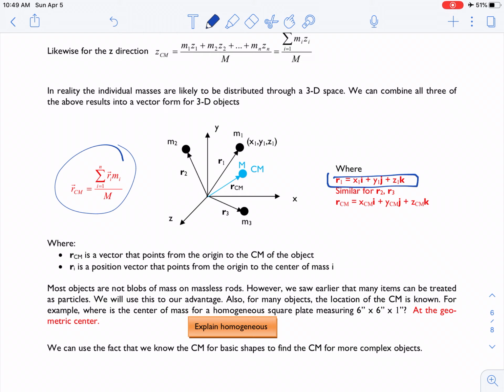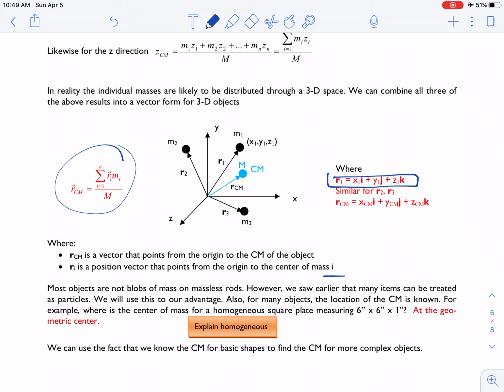So those indices i, starting from 1 to n, is really just a position vector that points from the origin to the ith object, okay?